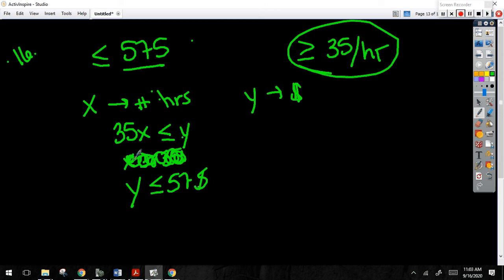This is one. It's because that slope is so steep. And then what was the other one? Y is less than or equal to 575.